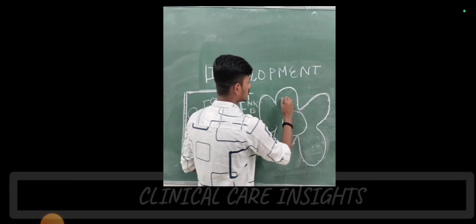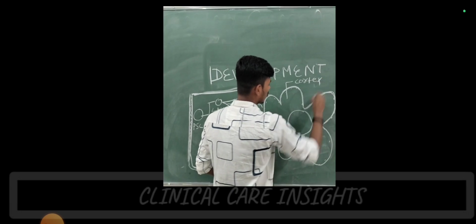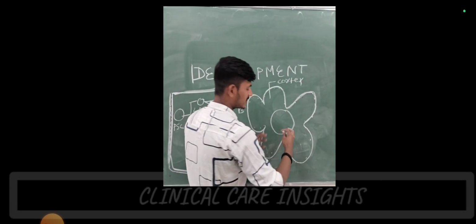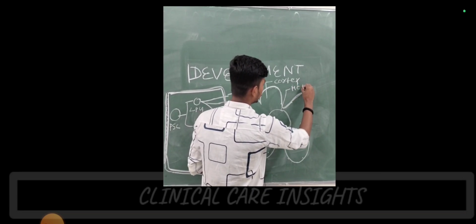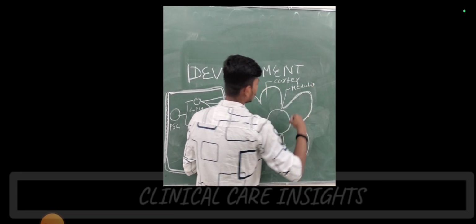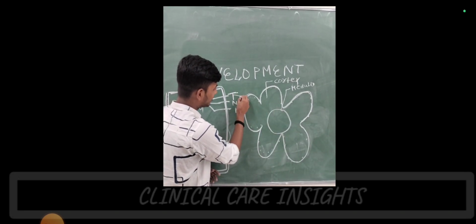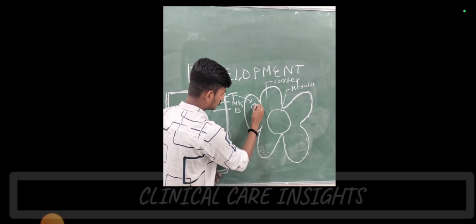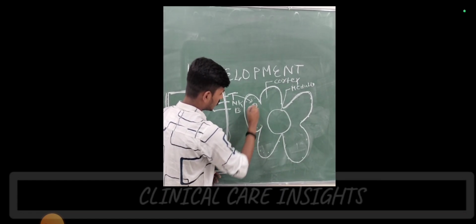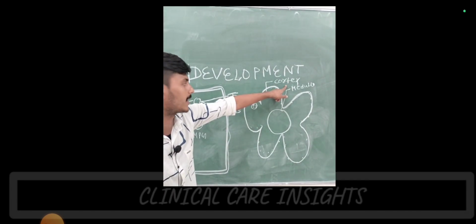The first part is called the cortex, and the innermost part, which is the dense part, is called the medulla. This part is called the medullary part. So in the cortical region, these T lymphocytes first come. Okay, these T lymphocytes first come into the cortex region.